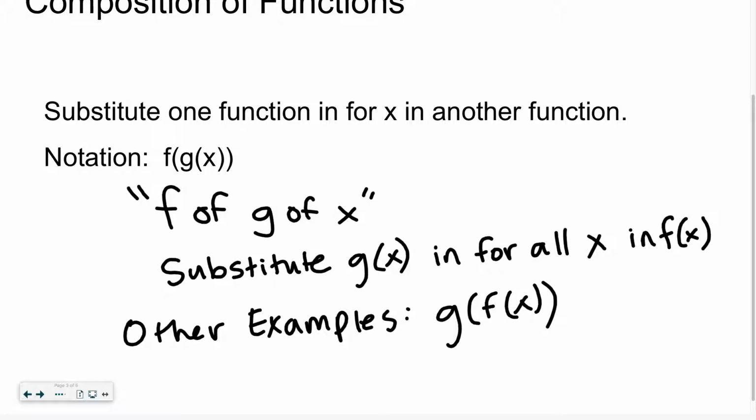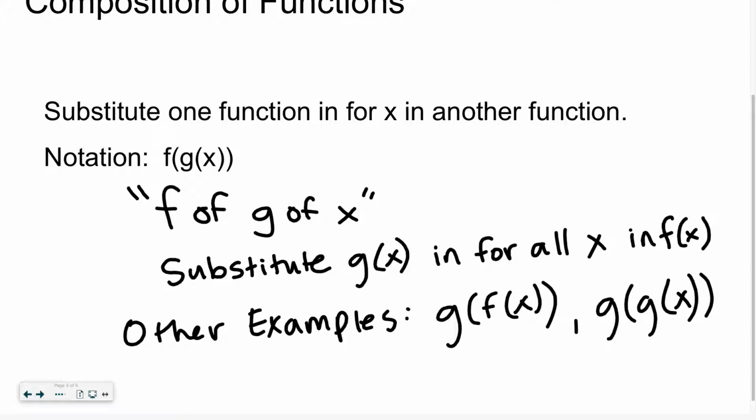We can write something that says g of g of x. So you can even use one function and plug the function into itself. It's just saying, take your g of x and then replace all the x's in g of x with that same thing. So you're just repeating the function.